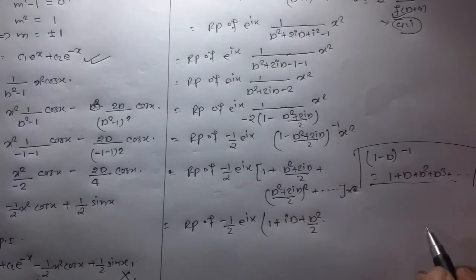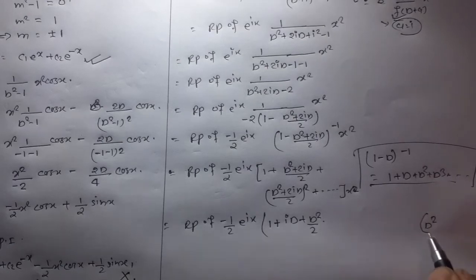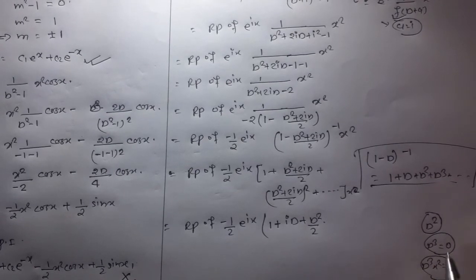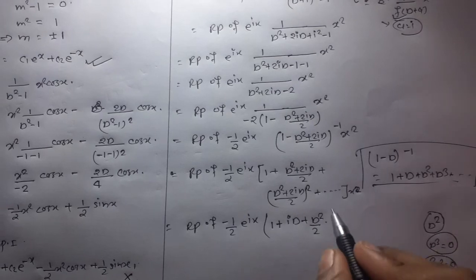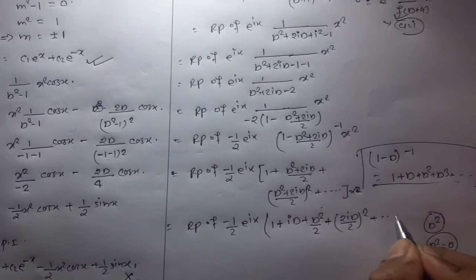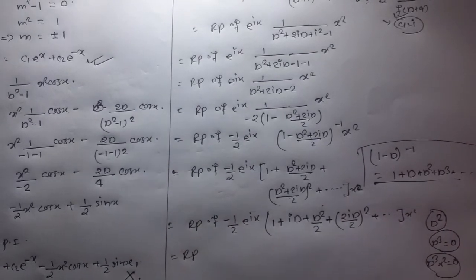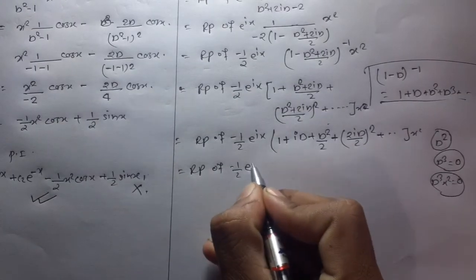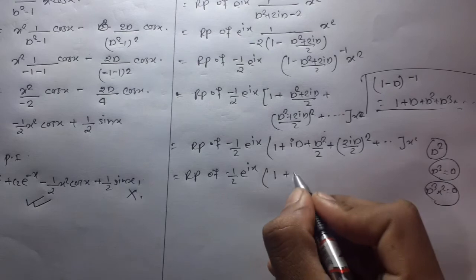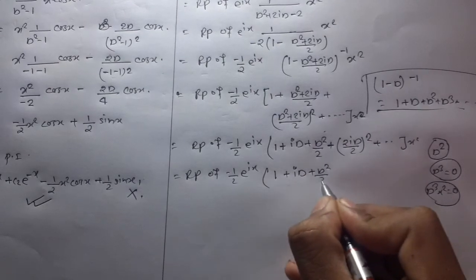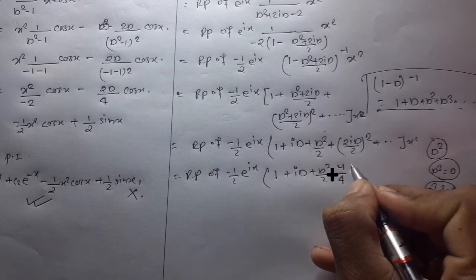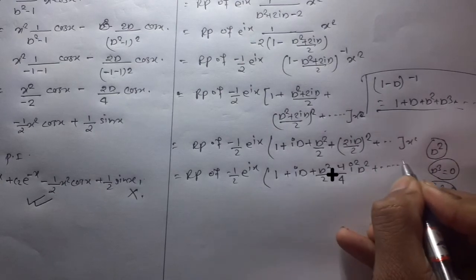Since there is an x², we need only the double derivative, that is D². D³x² is equal to 0, so we only require D². So this is the real part of −1/2 e^(ix) [1 + iD + D²/2 + i²D² + ...] x².